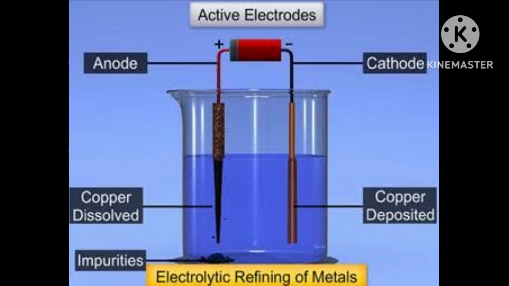In commercial production of metals, currents as high as 50,000 ampere are used.